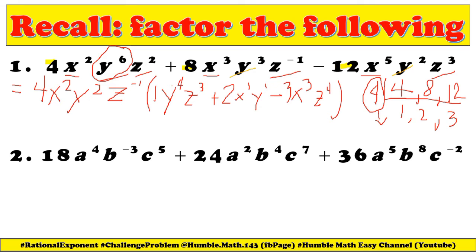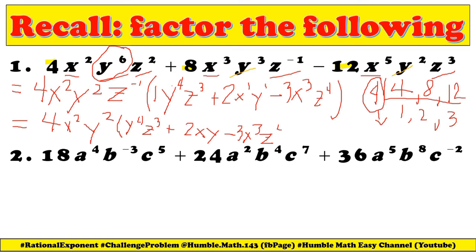So the final answer now is 4x squared y squared times the quantity y to the 4 z cubed plus 2xy minus 3x cubed z to the 4, all over z.